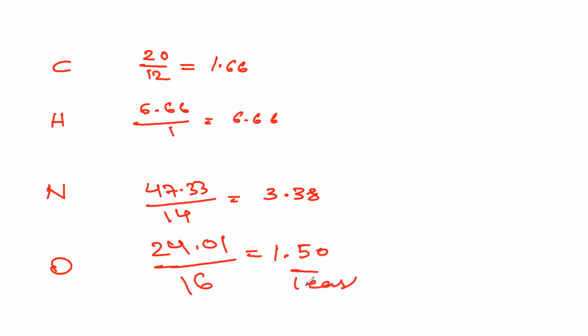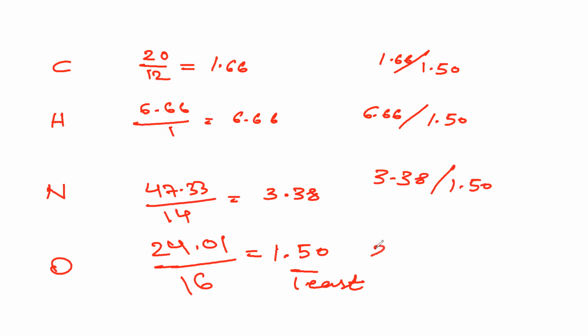So divide all the elements by this 1.50. That is the next step, the simplest ratio. 1.66 by 1.5, 6.66 by 1.5, and the last one, 1.50 by 1.50, which is equal to 1. 3.38 divided by 1.50 is 2.25.